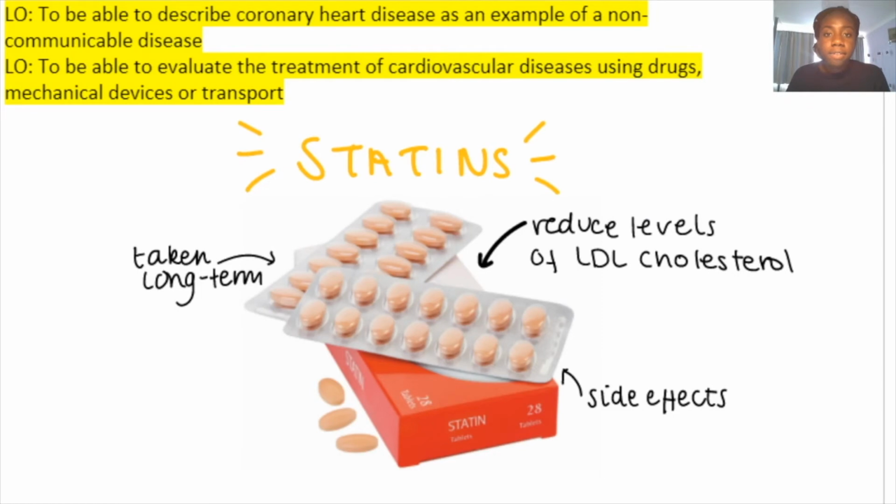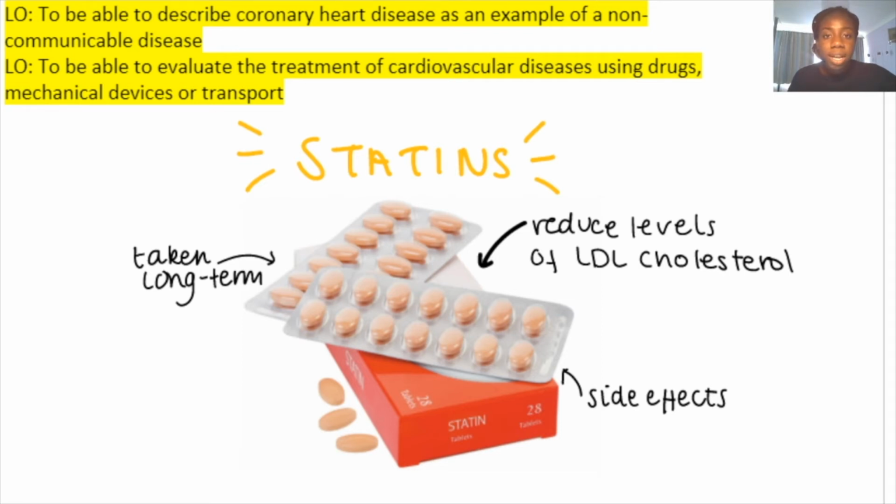In terms of the pharmaceutical options of treating coronary heart disease, statins are also a really popular alternative. So these are essentially a drug which can reduce the levels of LDL cholesterol within the body, and this is one of the major risk factors for the development of plaques which can block the arteries supplying the heart.